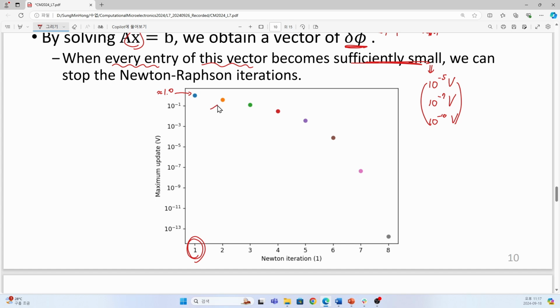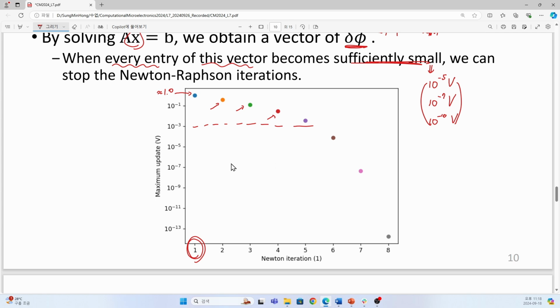And how about the second, third, fourth? Yes, the error is reducing and the change of our electrostatic potential is getting smaller and smaller. However, it is still on the order of 10 to the minus 2 volt, so that means several 10 millivolt. This is far too high.